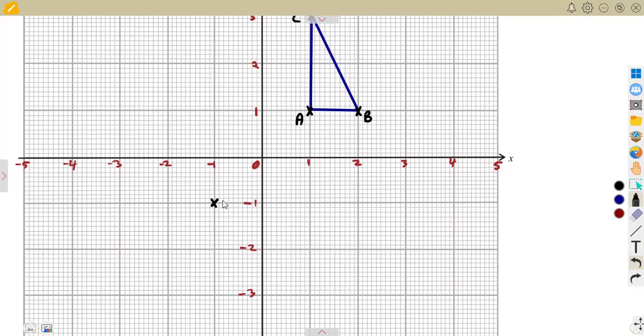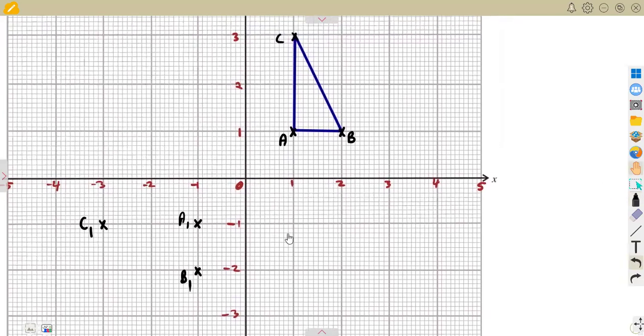So this is our A1. B1 is given as (-1, -2). So this is our B1. Then C1 is (-3, -1). This is our C1.